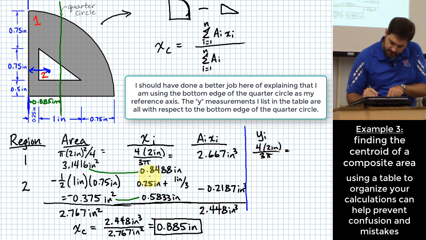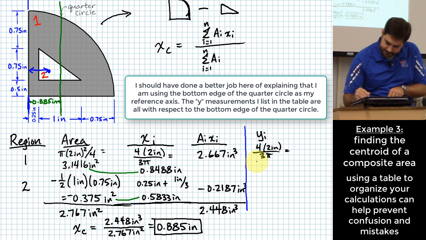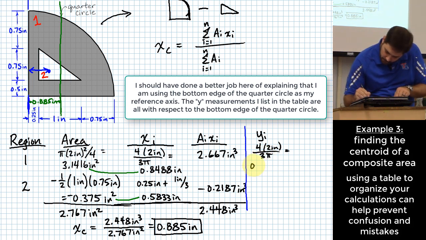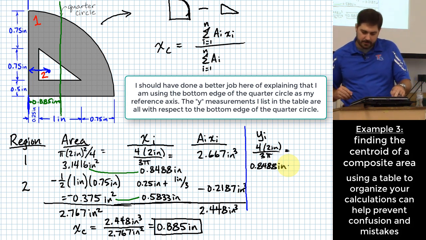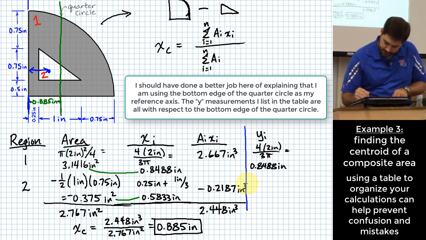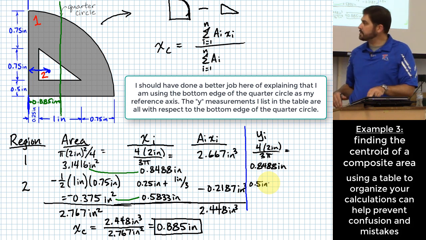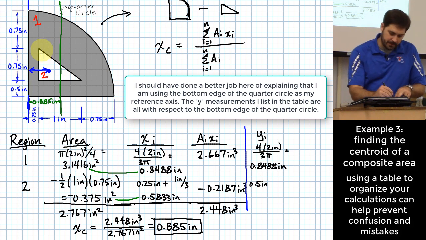That just ends up giving me the same number, 0.8488 inches. What about for the triangle? Okay, 0.5 inches plus 1/3 of the way from the flat to the point. This is 3/4 of an inch high, so 1/3 of the way from the flat to the point is going to be 1/4.